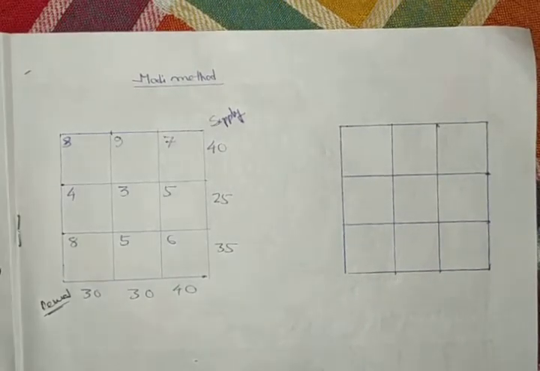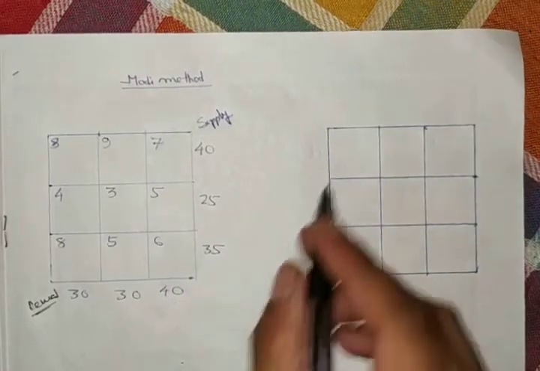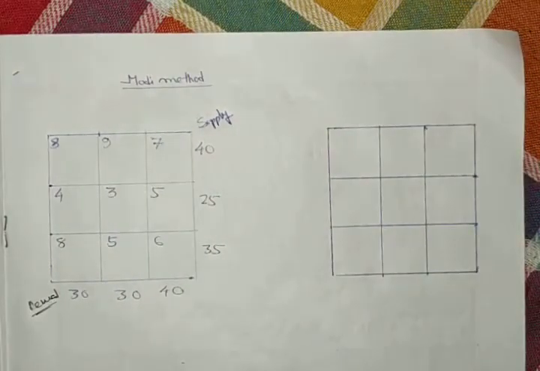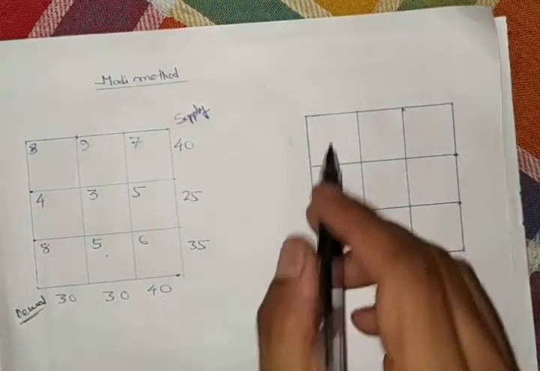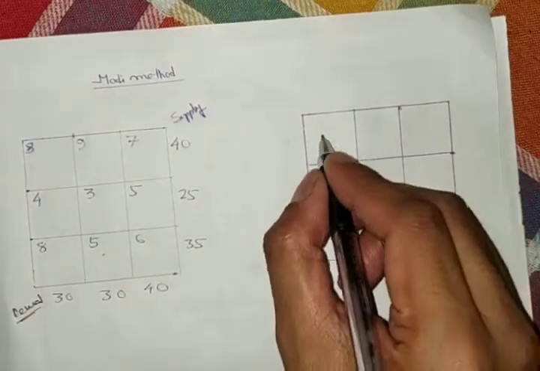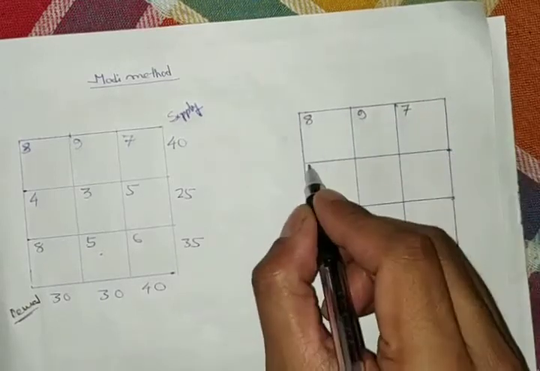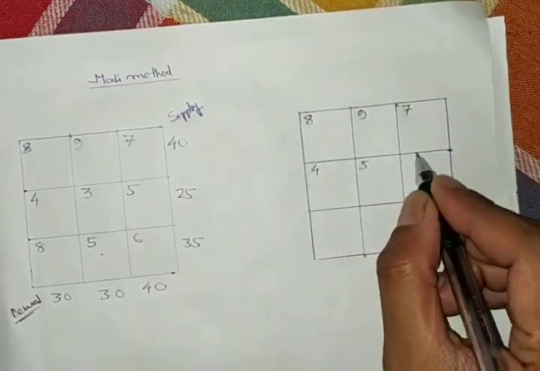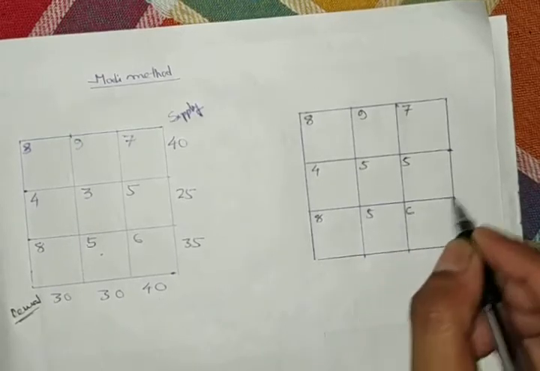So at first we have to find out the initial basic feasible solution. To find out the initial basic feasible solution of this problem, let's consider the minimum cost method.